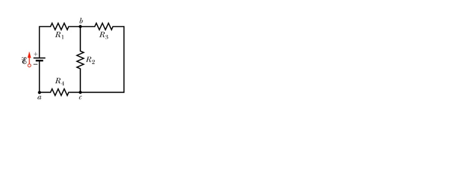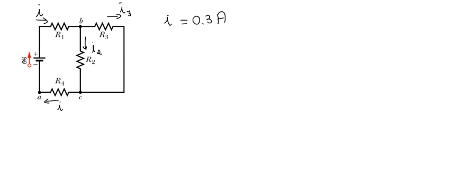Just to summarize what we did before, we found the current here, I equal to 0.3 ampere. And this current will be divided into I2 and I3. So how are we going to solve this problem?